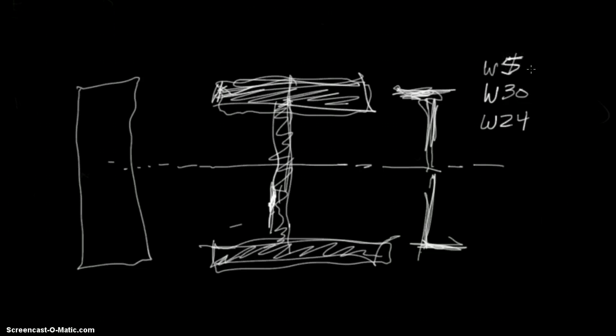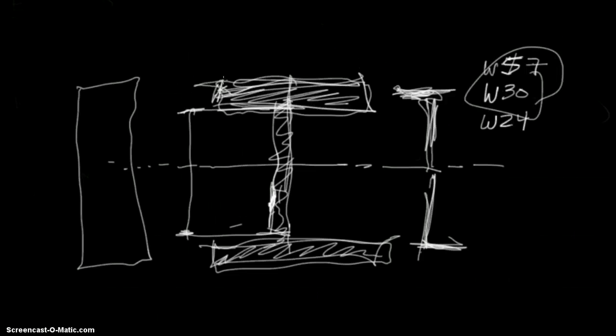I'm making this up, but 57. There's not a W57. Usually what these mean is how high the beam is in inches, and it's not perfect, but it's based on the I. The flange thickness, usually, is all the same on all these different beams.